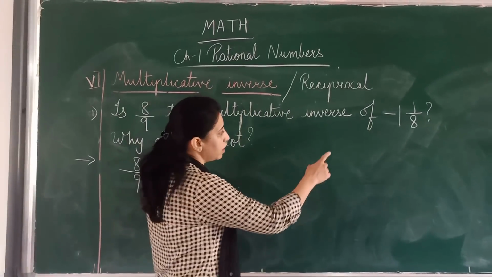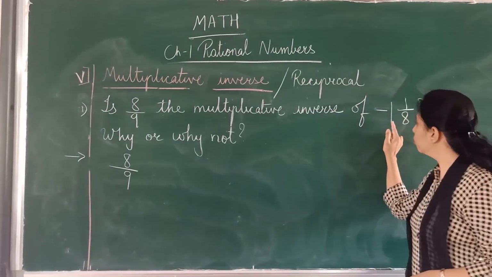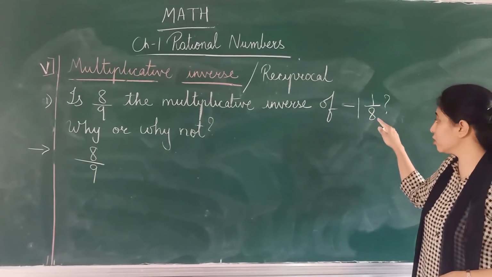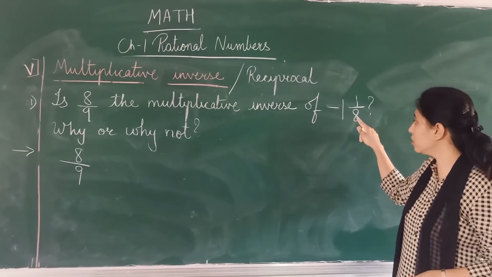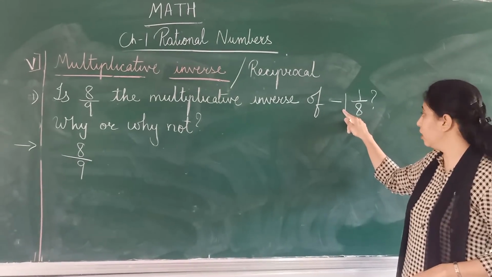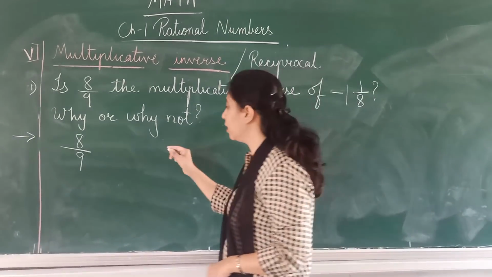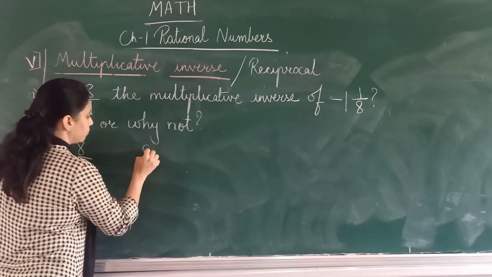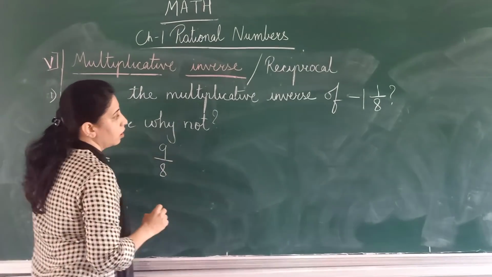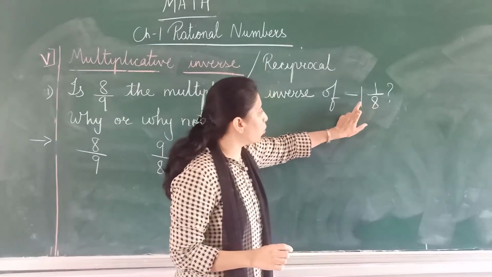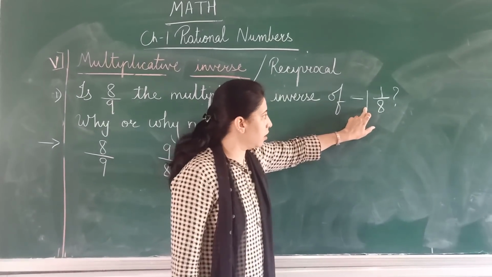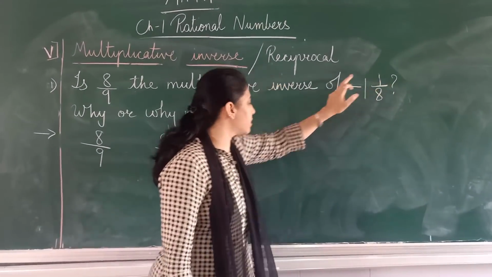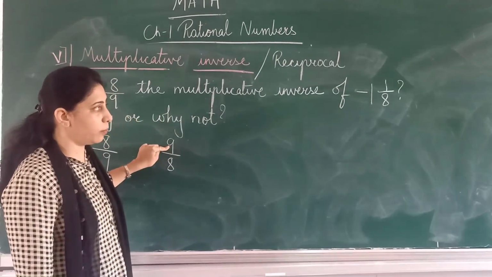Now this minus 1 8 upon 9 is in mixed fraction, you have to convert it into improper fraction. So 8 ones are 8 plus 1, that will be 9 upon 8. Again I tell you, 8 ones are 8 plus 1, that is 9. So the numerator will be 9.